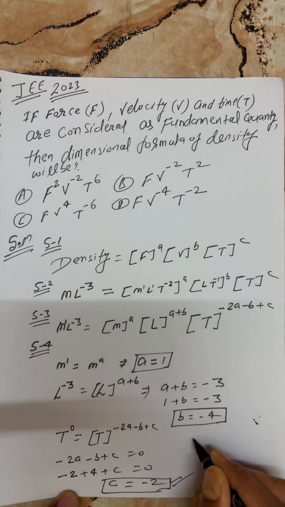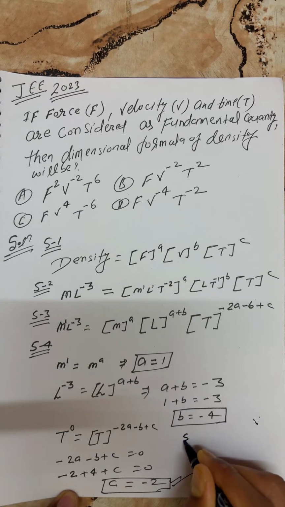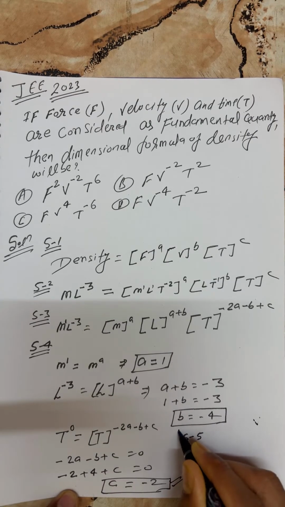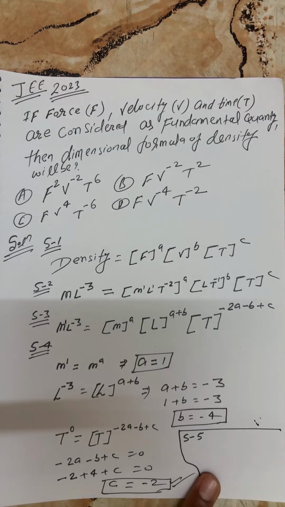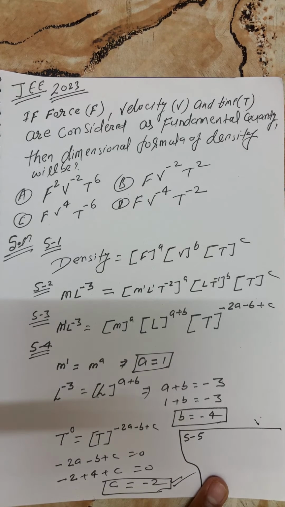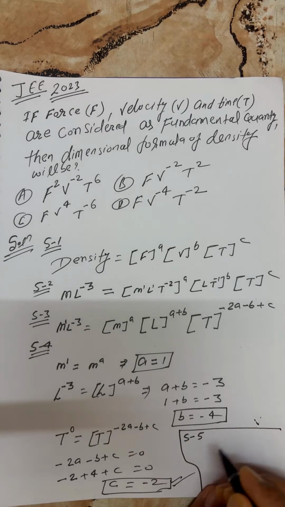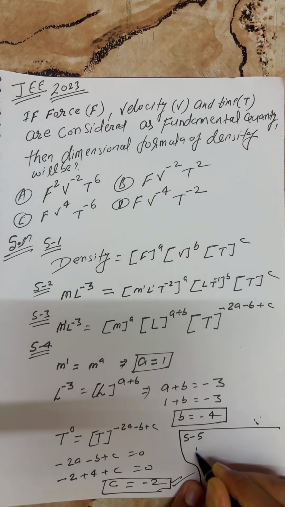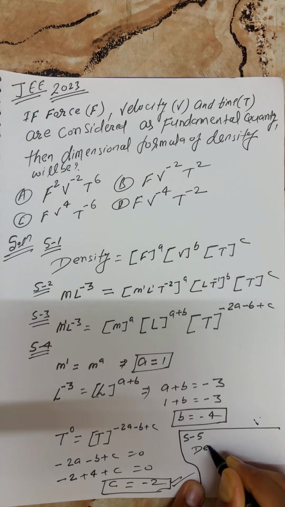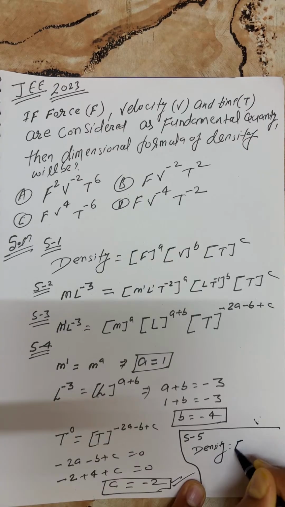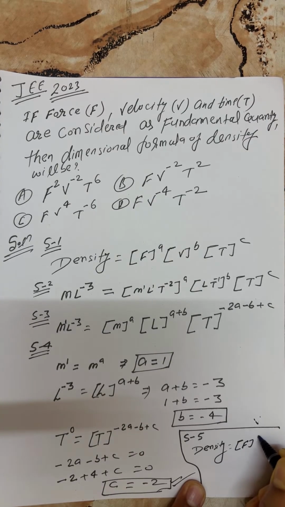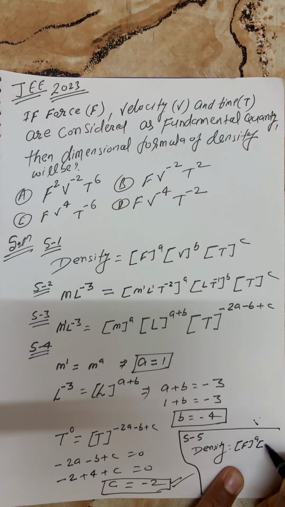So in step 5, I'm writing the answer to this question. This is what you can say: density is force to the power a, velocity to the power b, and t to the power c.